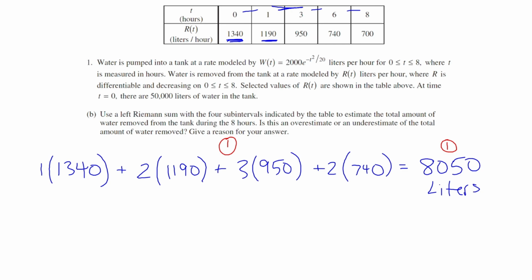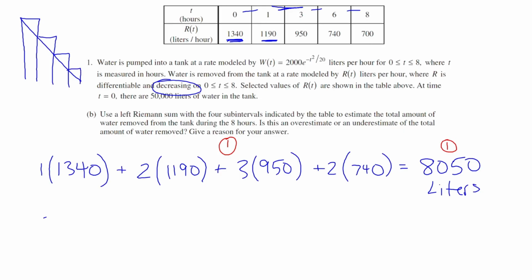And then the second part of the question is, is this an over or an underestimate of the total amount? Well, remember that r of t we knew was a decreasing function. If you have a function that's decreasing and you're using left endpoints of each interval, you're going to have rectangles that are extending over that function.